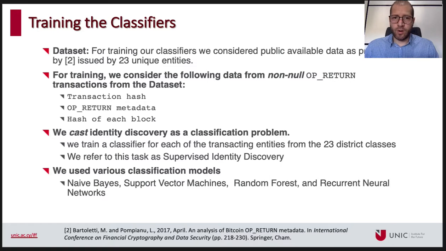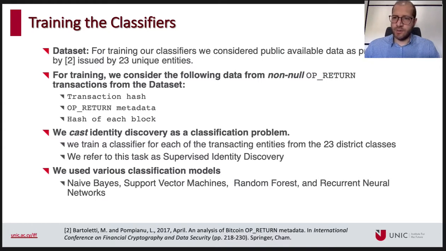entities. We therefore created 23 distinct classes, one for each entity, and we have then experimented with various classification models, including naive Bayes, SVMs, random forest, etc. In addition, we also observe algorithms from the deep learning domain, such as the long short-term memory LSTM classification model, which is a special type of recurrent neural network aimed to tackle the vanishing and exploding gradient problems which may occur in the training phase.